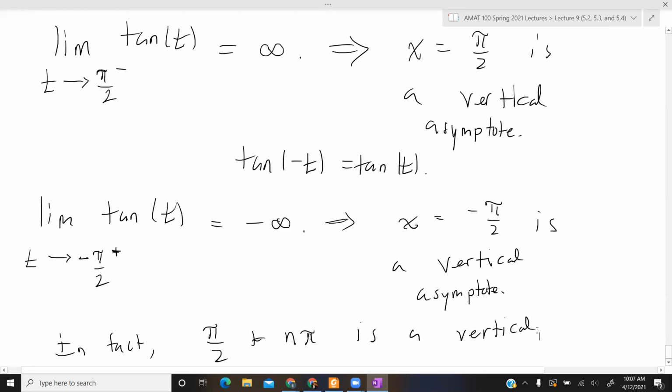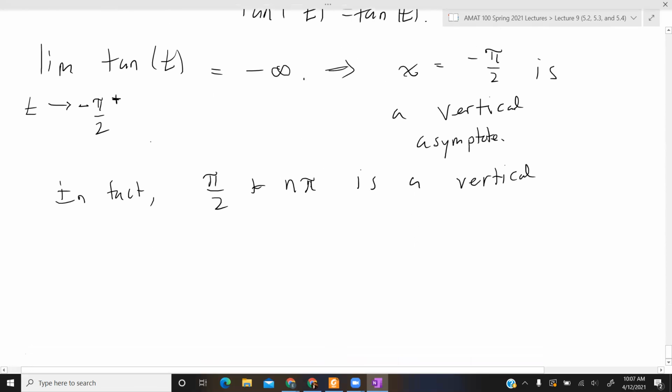This pattern is just going to repeat. Remember, this is a periodic function. It is a vertical asymptote for every integer n.